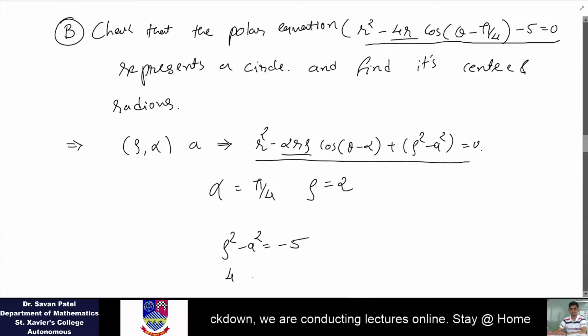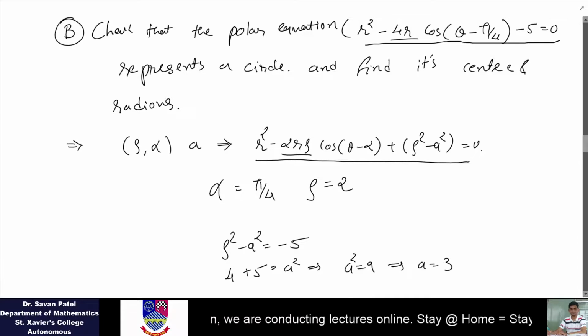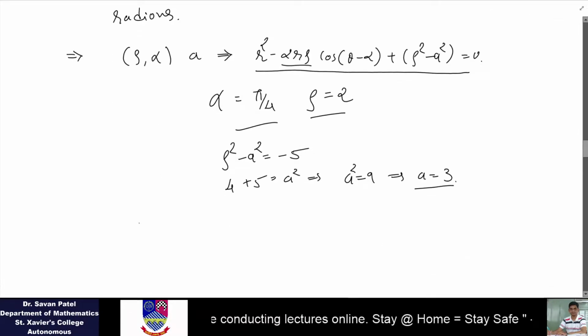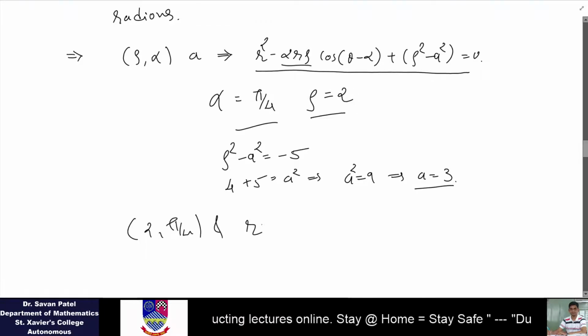I am taking this minus 5 here, so 4 plus 5 is equals to a square. From that, a square is 9 and I can take a is equals to 3. So rho, alpha and a are known. So directly you can collect that your center is rho, alpha, that is 2, pi by 4, and your radius a is 3.